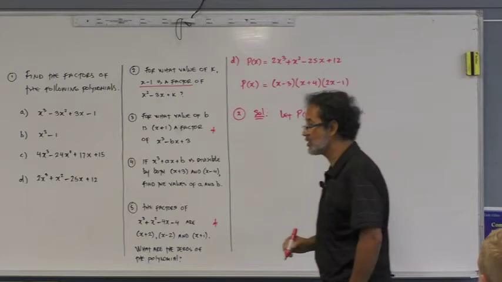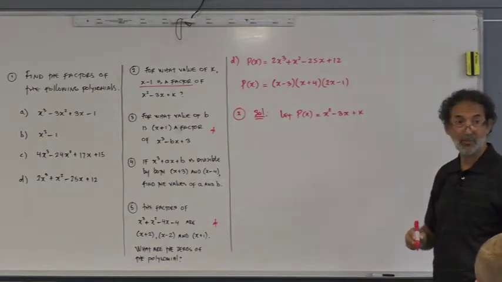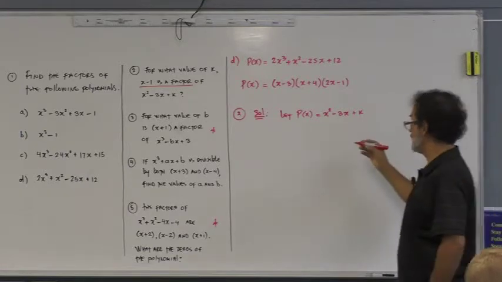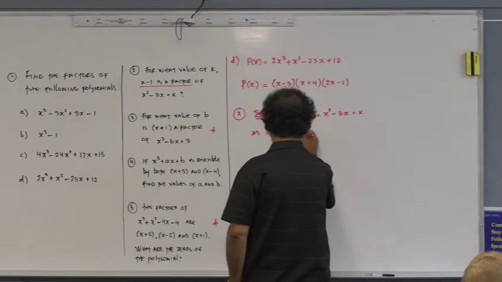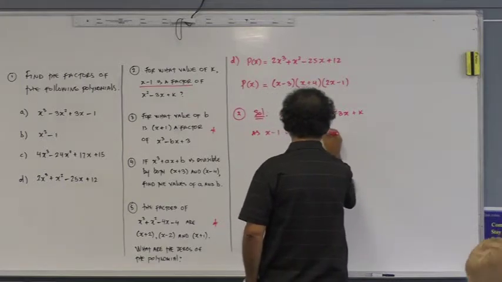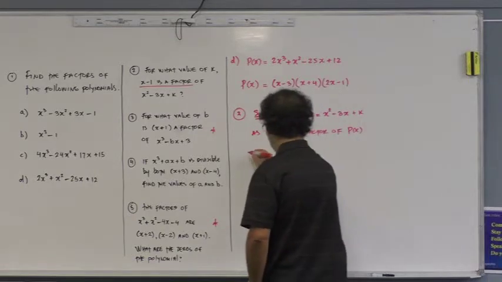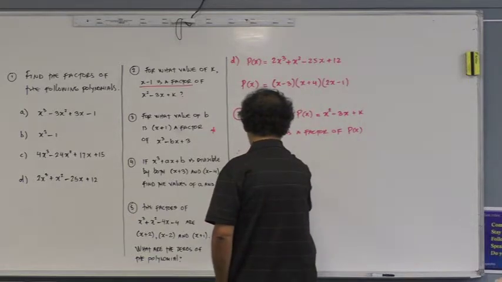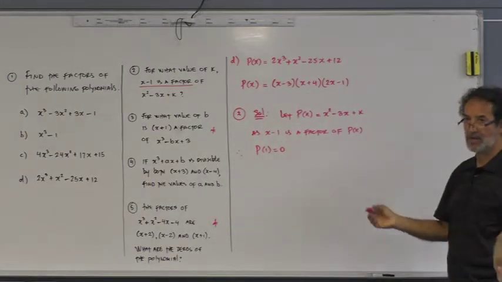That is important because you already know that p at 1 is equal to 0. As x minus 1 is a factor of p of x, therefore p at 1 must be equal to 0. Otherwise it wouldn't be a factor.